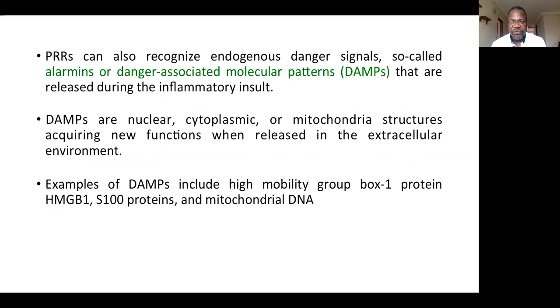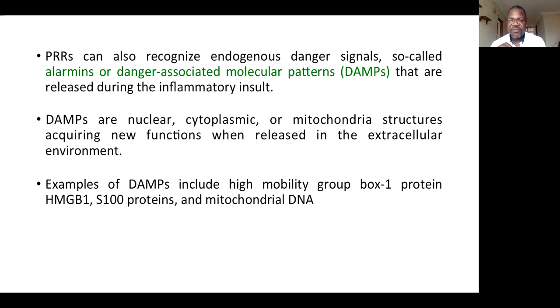Then, in addition to what we have said, your PRR can also recognize something else in addition to the PAMPs that you find in the microorganism. After invading the body, microorganisms can release other molecules, called danger-associated molecular patterns, the DAMPs.